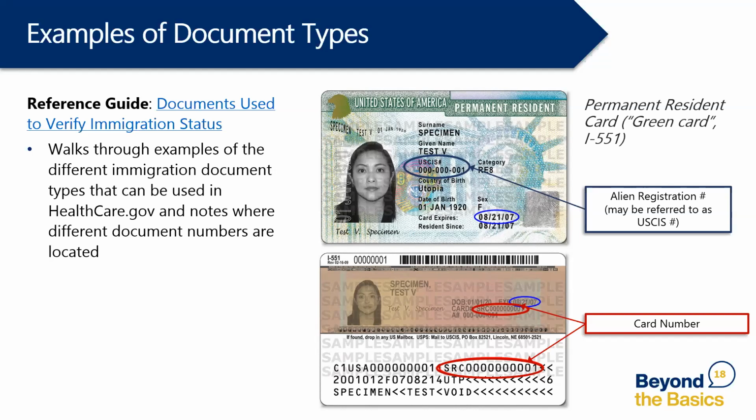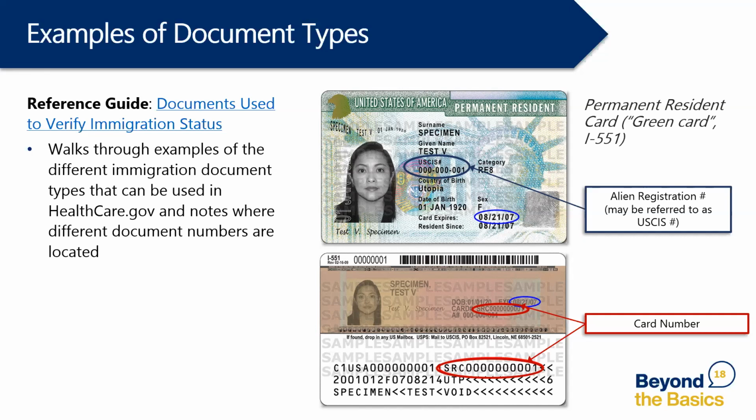You will also notice that even though the application will ask for certain things, like an alien registration number might be requested, on the actual card itself it might not say those words. It might say USCIS number. And so there's a mismatch, right? And it's going to be confusing.